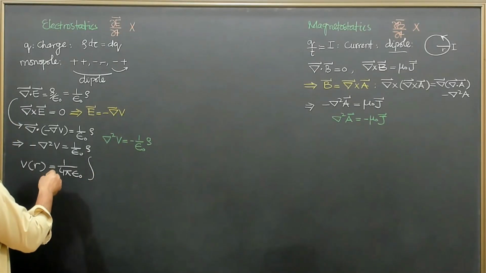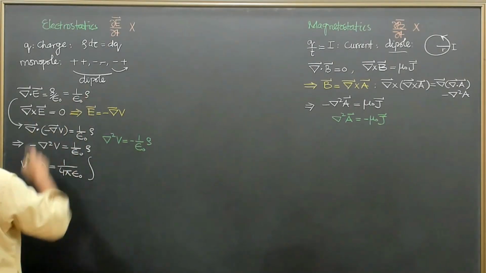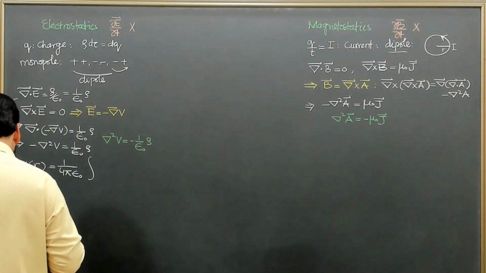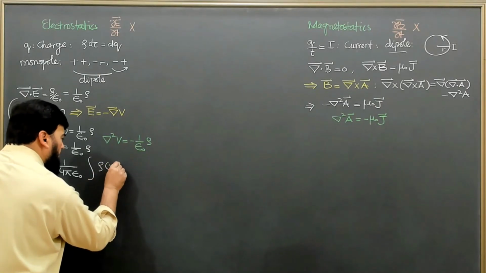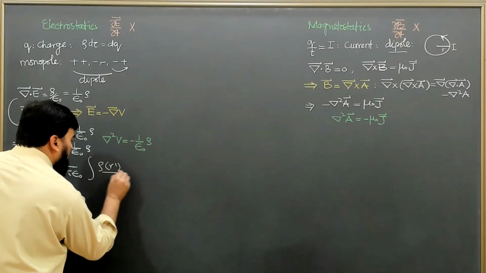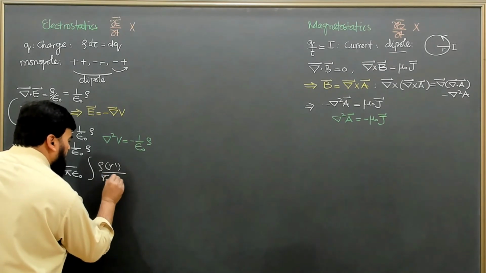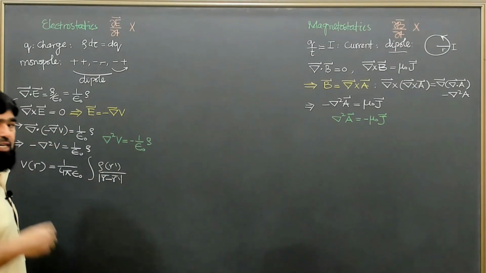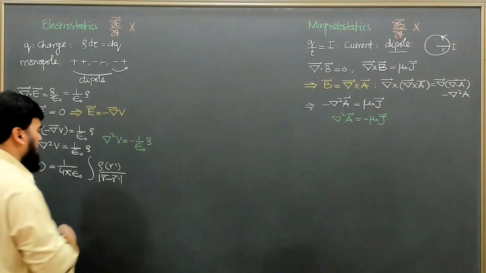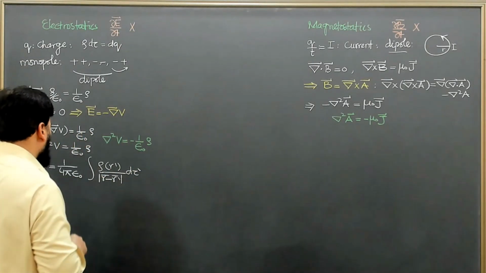We have the source here, and the source is rho. So rho d tau, where rho is at r prime, over the difference vector r minus r prime, which we write as a tilted vector r, and here it will be d tau prime.